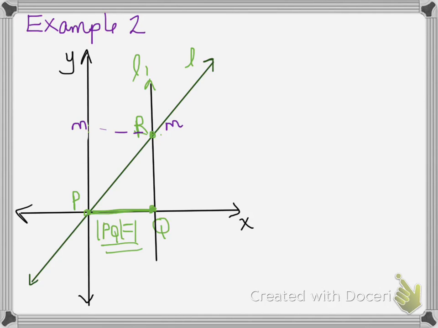So what we want to do here is actually translate. So going back to our geometry units here, we want to translate this whole diagram, or actually the line itself, over so we can see where this hits the y-axis.